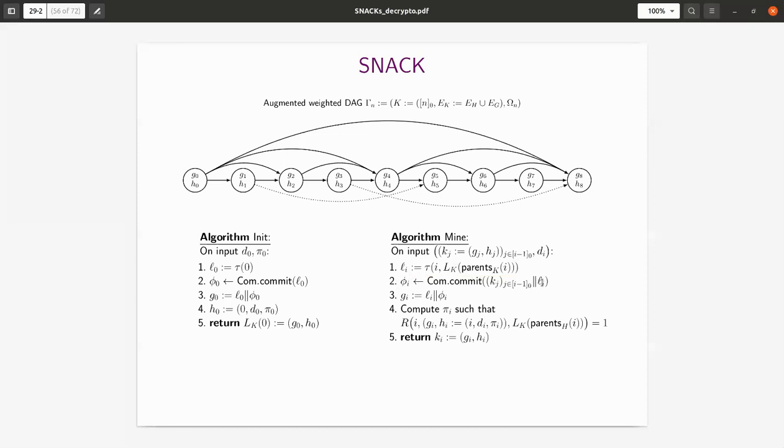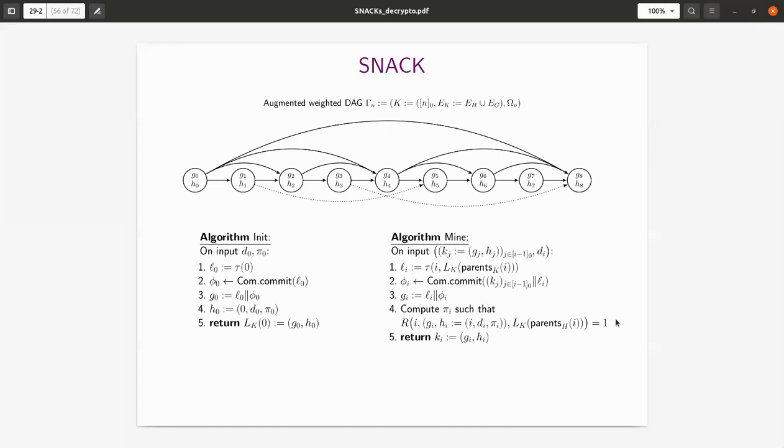And then you compute a commitment to the state so far, the blockchain with the new label here. Then you define the G_i label, which will be L_i concatenated with some commitment. So this is the proof of sequential work computation part.